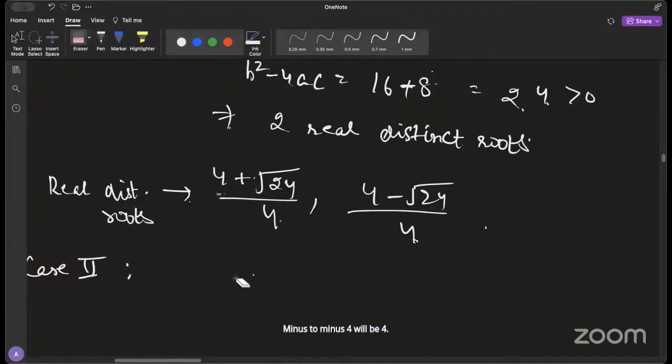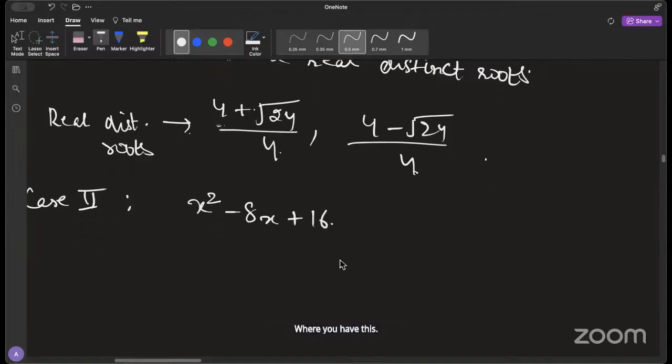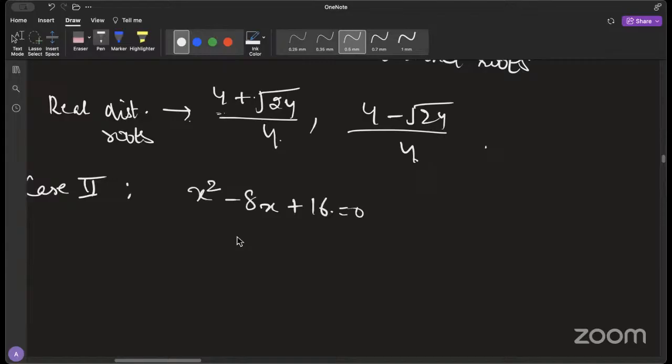Yes, ma'am, it's right. Okay. Let's take one example, this one, where you have this. Please solve in detail if it is possible. Before that, let's do these in detail in that way.